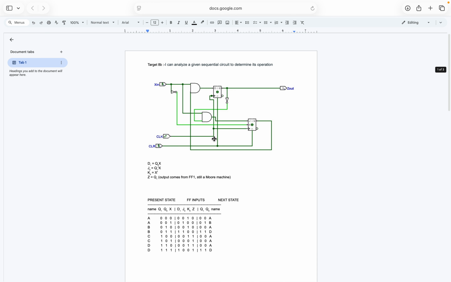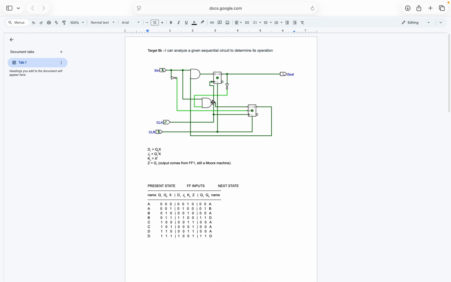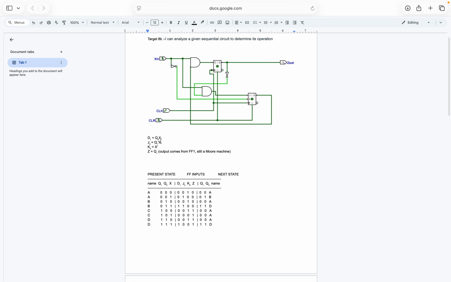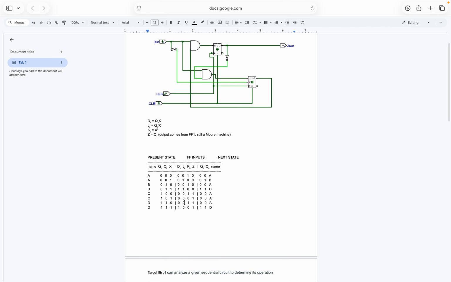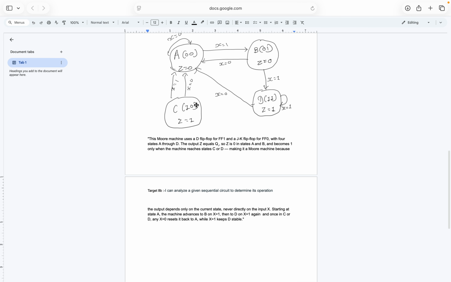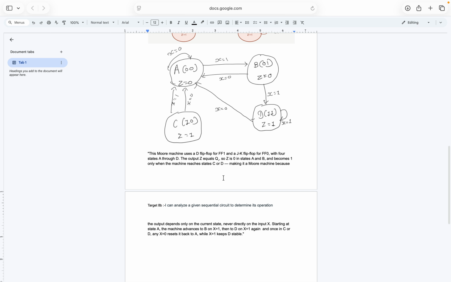In short, there is an input, there are two flip-flops, a D flip-flop and a JK flip-flop, the CLR and current state, and there is one output from FF1. Then I wrote the equations for D, J, K and Z, then the table, the diagram, and some summary about it.